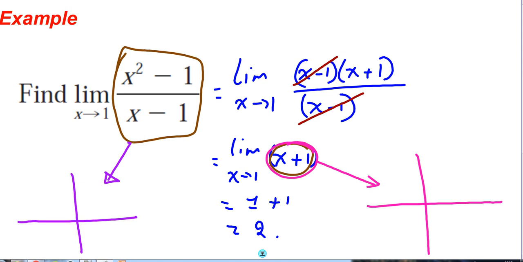It's some straight line like that. That's the function x plus 2. But for this function here, it is also a straight line, but that straight line has a hole. It doesn't exist when x is equal to 1. So at 1 there is a hole, and then it continues. That's the difference between the two functions. Okay.